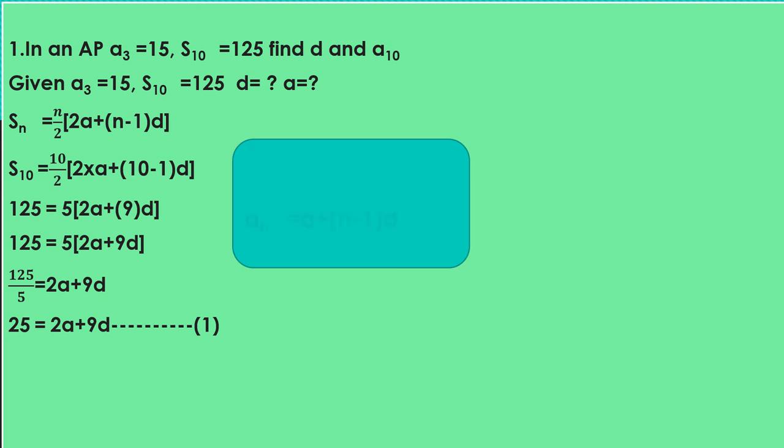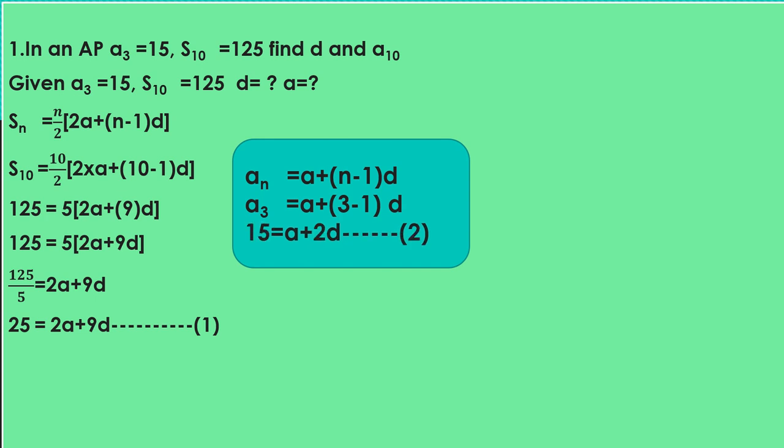We want one more equation. Using the formula an equal a plus n minus 1 into d, here the third term is given, that is a3 equal a plus 3 minus 1 into d. The value of a3 is 15, that equals a plus 2d.